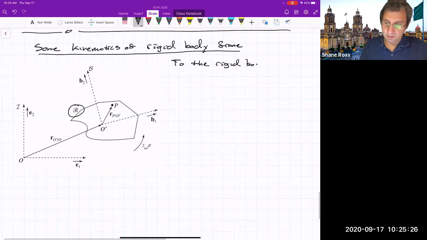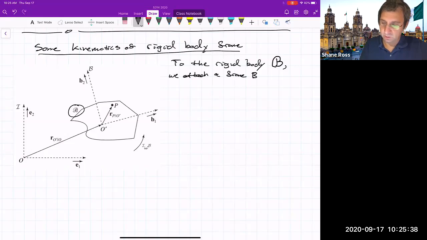So to the rigid body, let's write a very fancy looking B. We attach a frame, which I'll call B, little b, kind of normal. And this is just a 2D representation. It has some origin. I don't know, maybe it's the center of mass or it's just some convenient point on the body, but it's definitely on the body. So O prime is attached to the body.